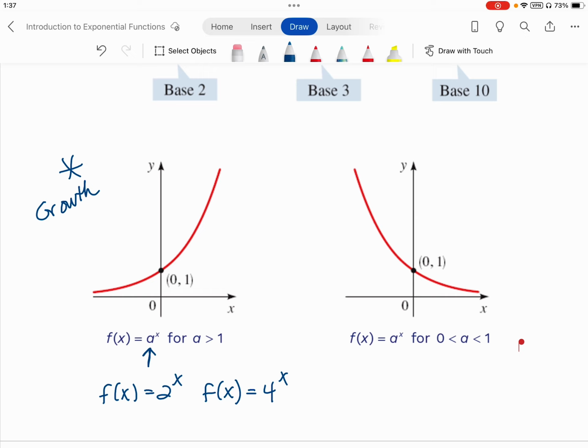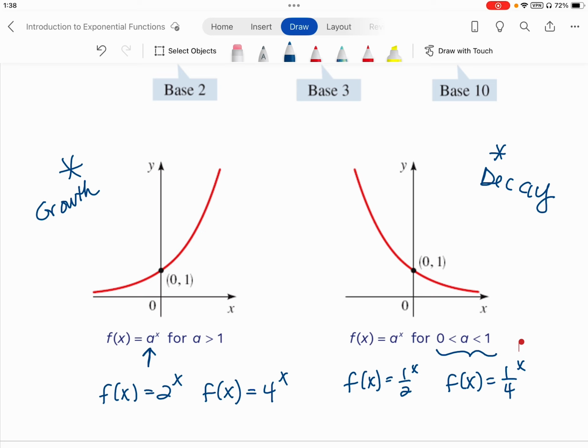Now, if you look at this graph on the right, this would be considered exponential decay. You can see here that your a value must be between 0 and 1. So your a value could be like 1/2, or maybe 1/4, that kind of thing.